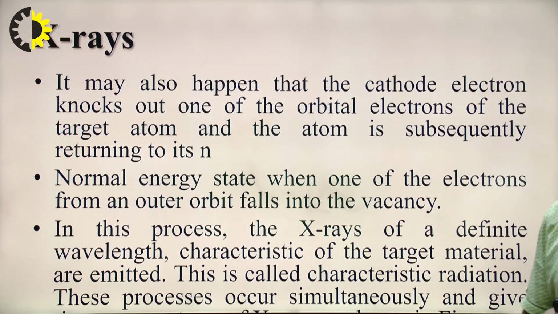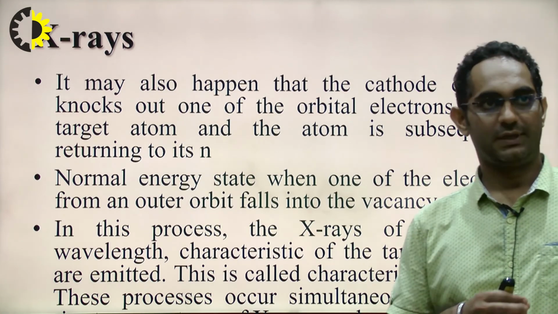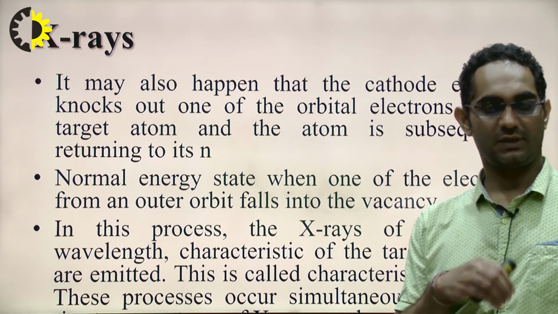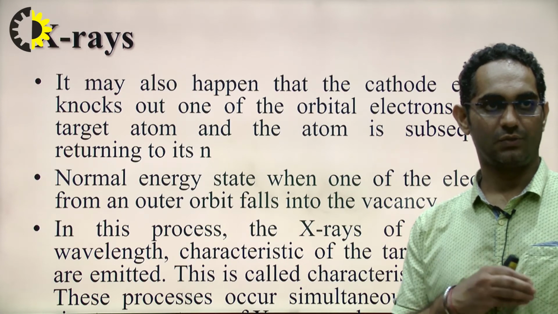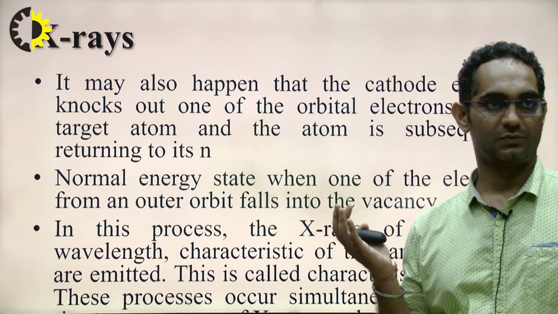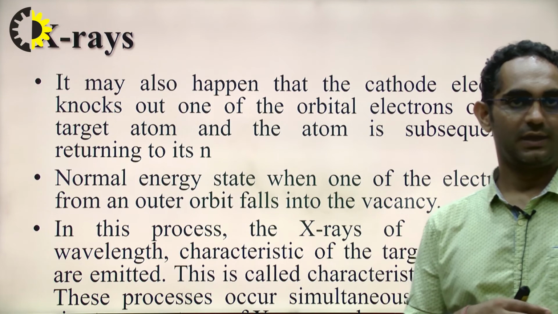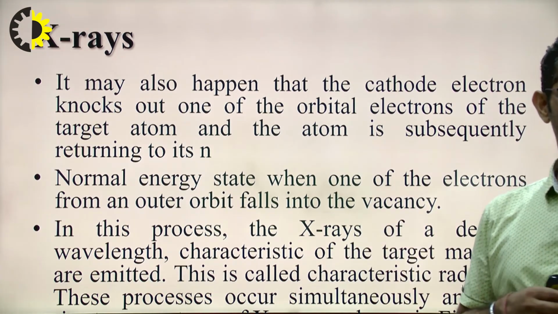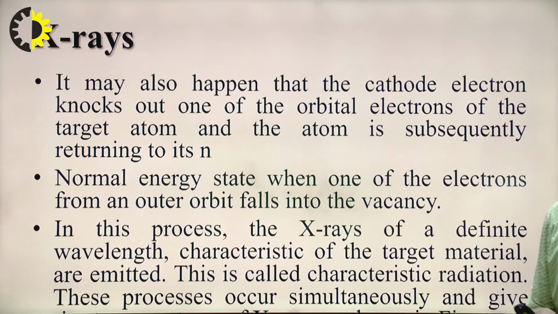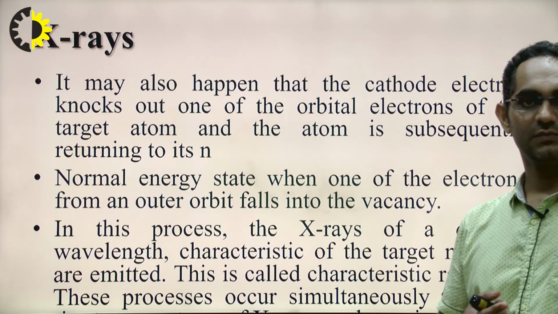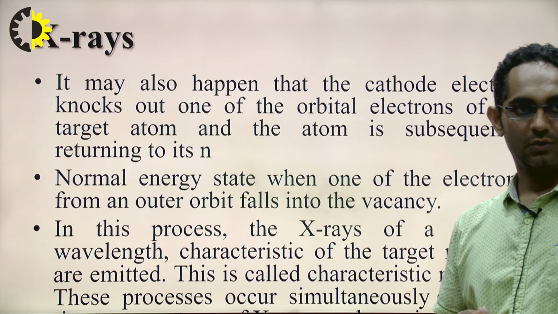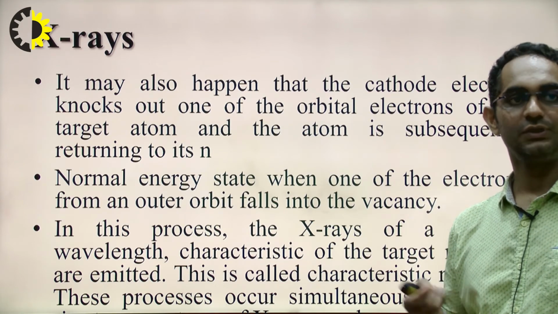It may also happen that the cathode electrons knock out one of the orbital electrons of the target atom, and the atom subsequently returns to its normal energy state when one of the electrons from an outer orbit falls into the vacancy.